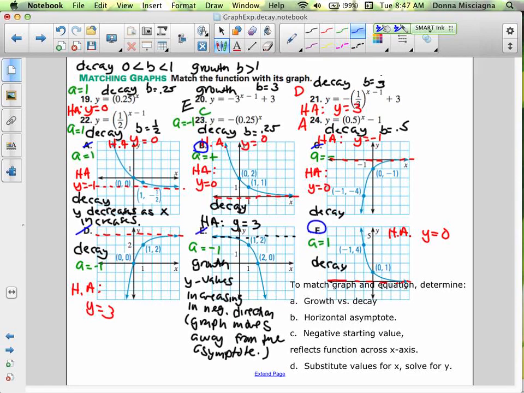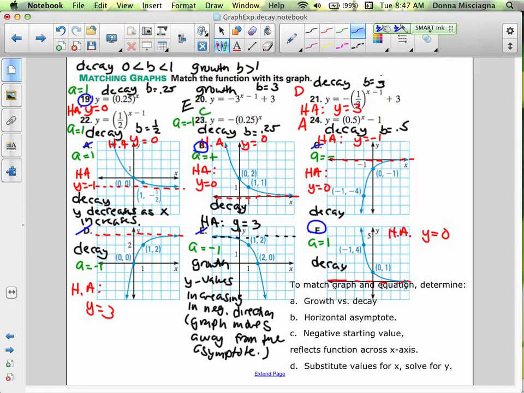All right? So we have 0, 0, and we have 1, -2. And here we have -1, 4, and 0, 1. So notice we've got y values for 0 and 1. Let's try plugging in 0 into both equations and see what it gives us. 19 and 22 are the only ones left.